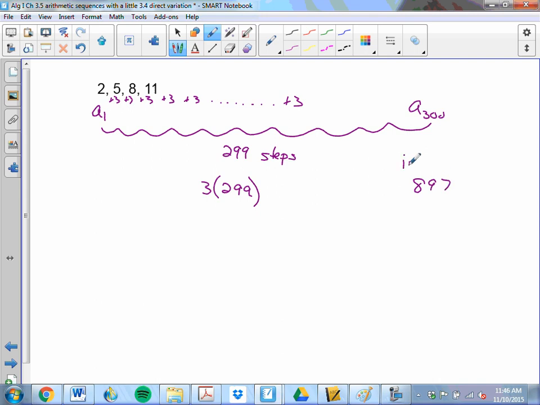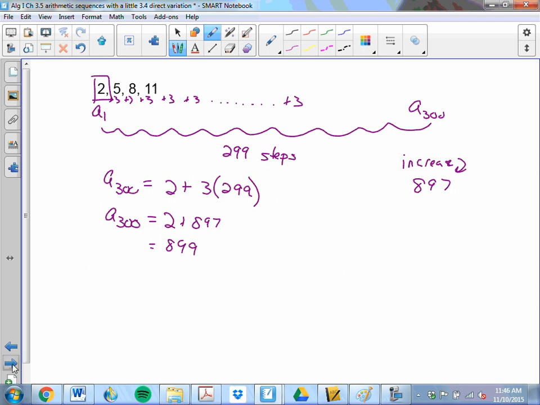I really increased by 897, but I did that starting from 2. So from 2, I went up 3 times 299, and that's going to give me my 300th term. So the 300th term of the sequence is 2 plus 897, which is actually 899.